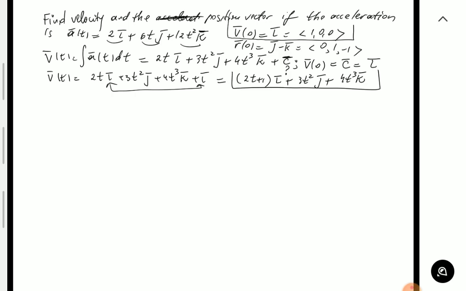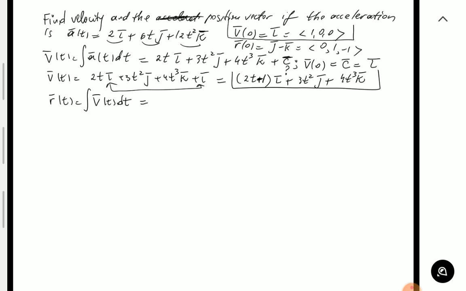Remember to pause and do the computation on your own, maybe ahead of me, to check the answer. For example, why don't you stop the video now and find the position vector yourself, which is just a repetition of the same type of step, except now you integrate the velocity in order to get the position vector. So repeat the whole process and see if you get the same answer as mine.